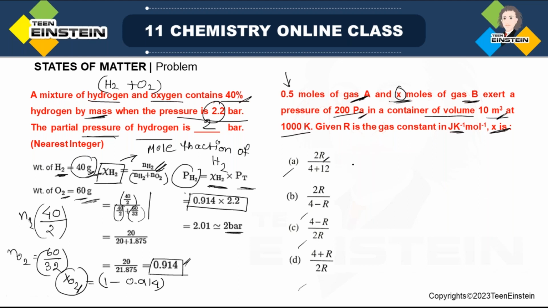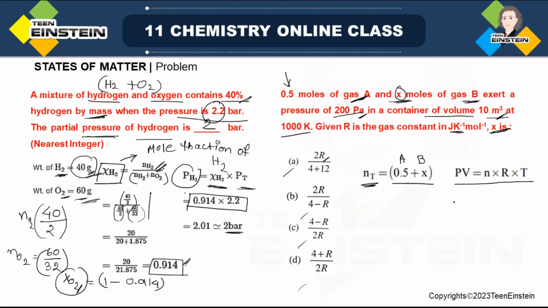Basically you don't have to write the value of R, because in the options the answer for X is actually in terms of R. So we don't have to write the R value. Here the total number of moles is simply the number of moles of A plus the number of moles of B.